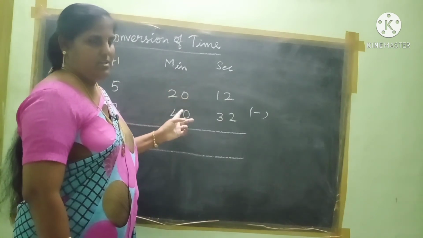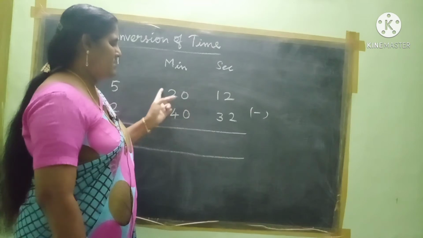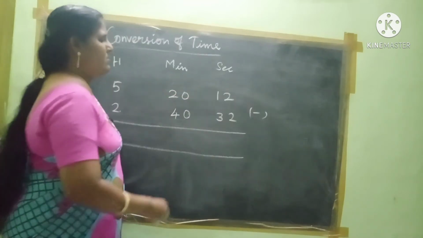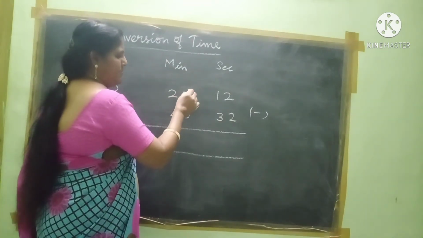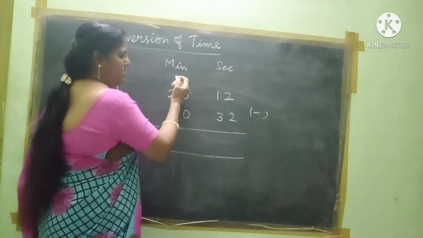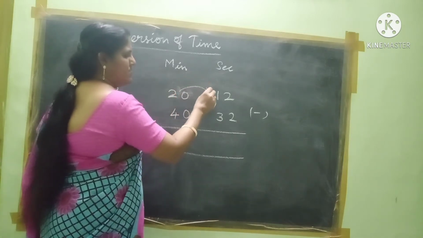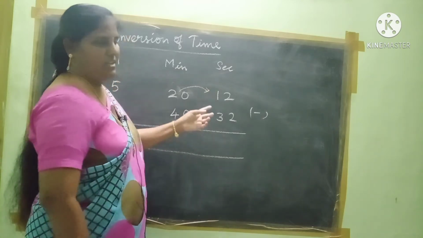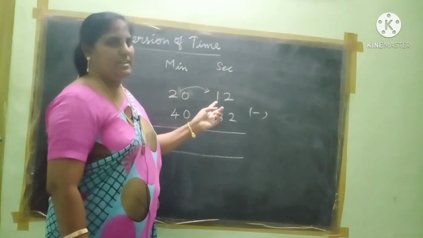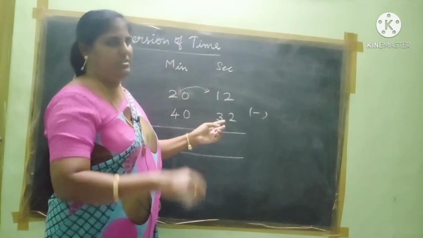Minutes are here. So how many minutes are here? 20 minutes are here. So we are going to borrow 1 minute to here. 1 minute to seconds means 60 seconds make 1 minute.